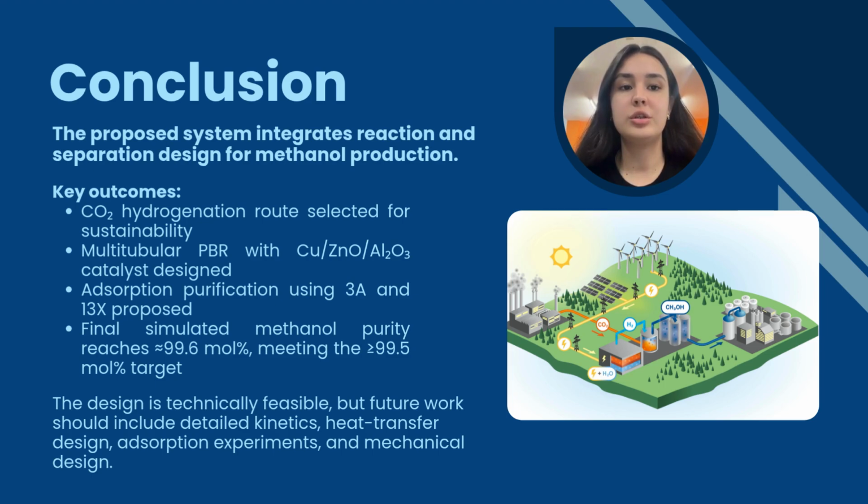For purification, molecular sieve 3A was used for water removal, followed by zeolite 13X for CO2 polishing. The system achieved 99.6 mole percent methanol purity, exceeding the 99.5 industrial requirement. Overall, the process design demonstrates the integration of reaction and separation processes for sustainable high purity methanol production.